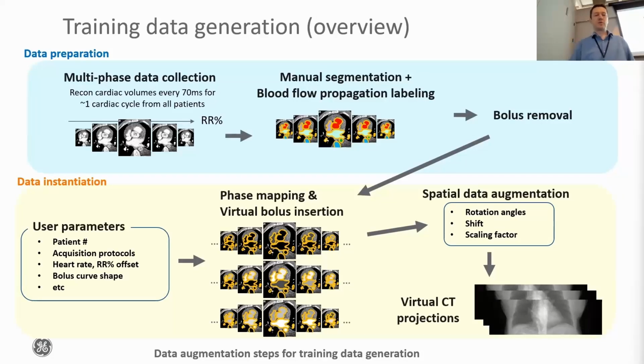And then we also do some augmentation. We do random rotations along the 3 axes, random shifts, random scaling, and we generate these virtual CT projections. And these are wide cone angle projections so that we can see the entire heart.